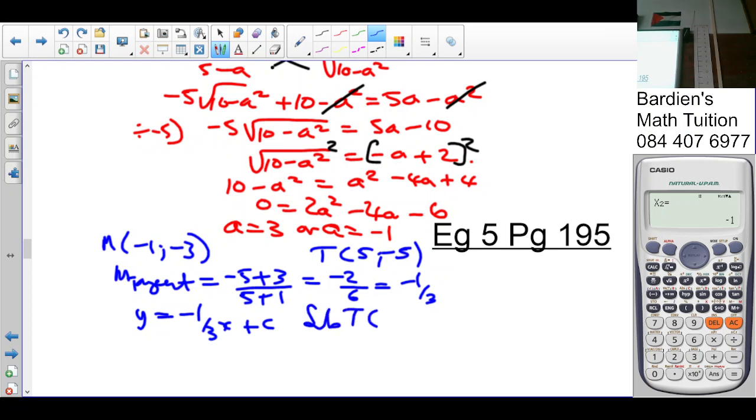We substitute the point, which is 5 and minus 5, so that's an x and a y. So you've got negative 5 is equal to negative 1 over 3 times 5 plus c.